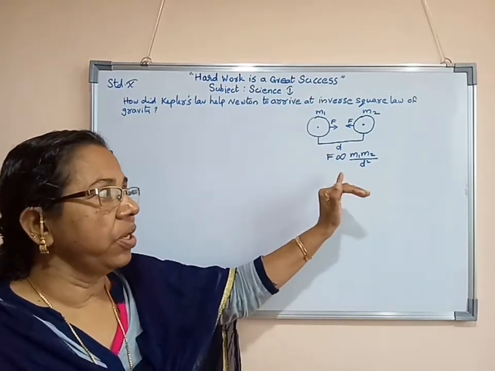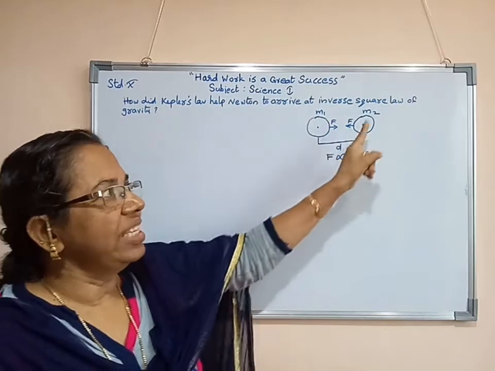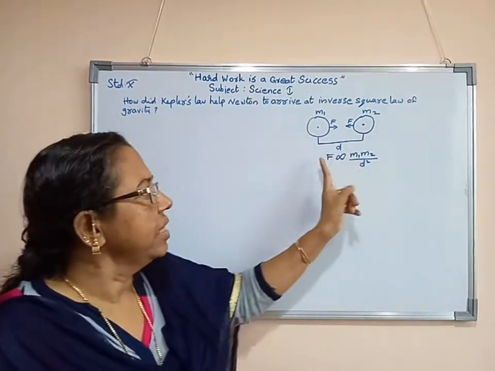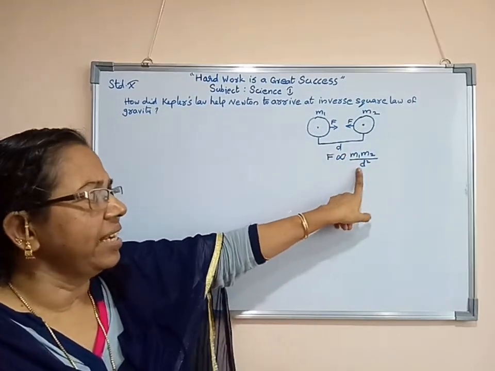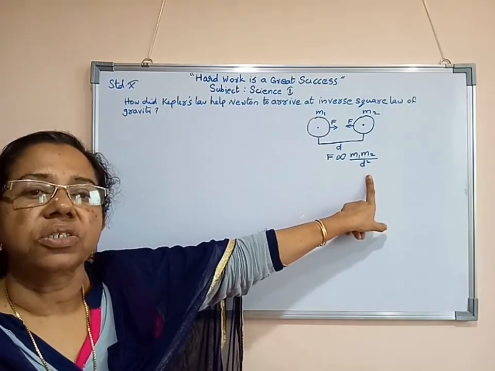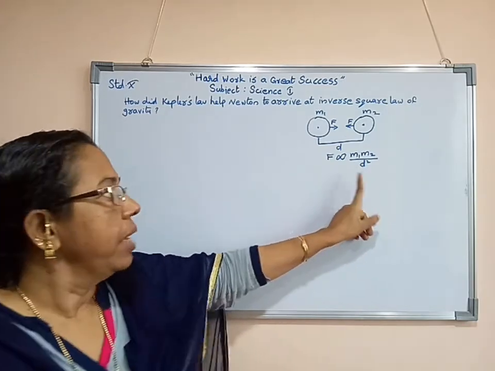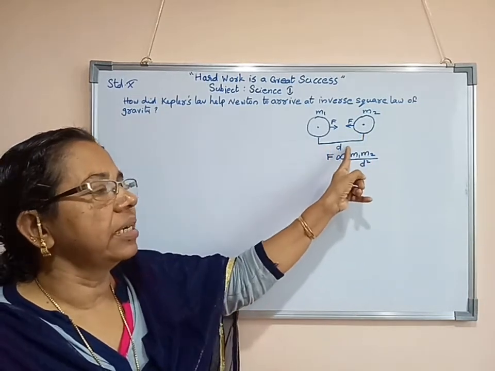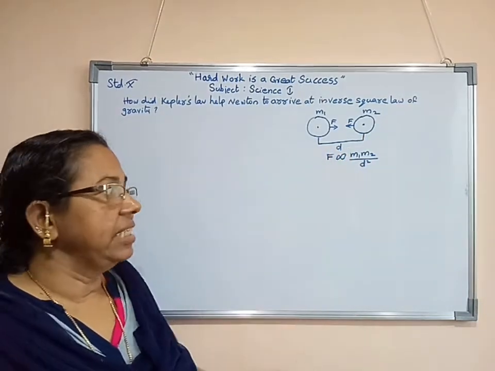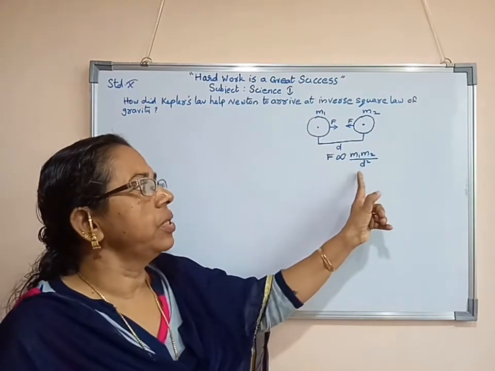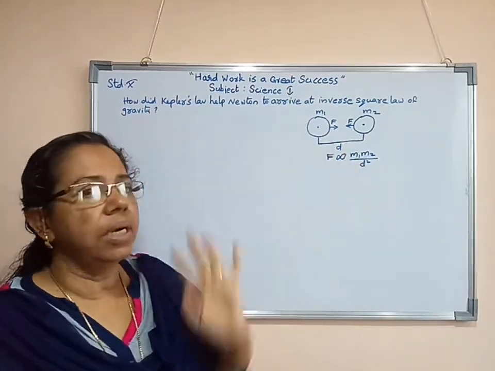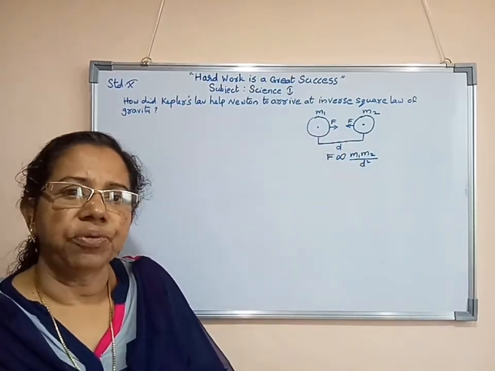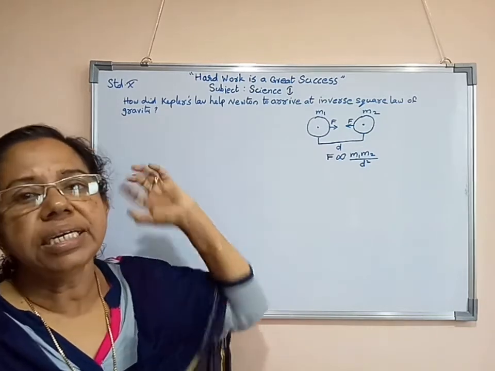Inverse square law, that is the force is inversely proportional to the square of the distance between them. But here the distance between two bodies is mentioned as D. The question is, why did Newton put D square instead of D? That he is proving with the help of this derivation.